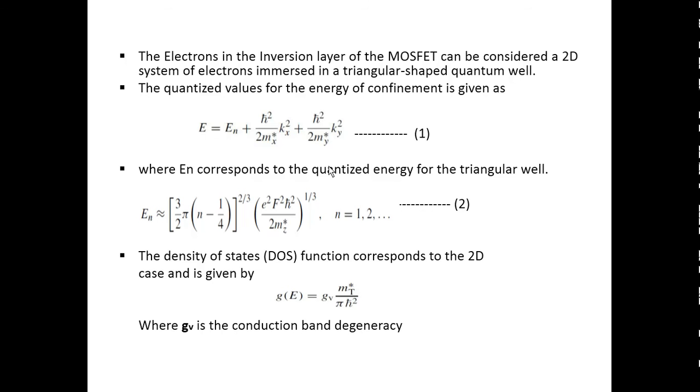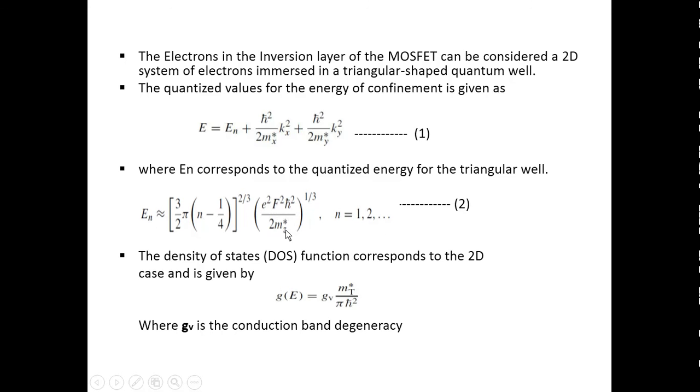Where En corresponds to the quantized energy of the triangular well, and this is again given by En equal to (3π/2 (n minus 1/4)) raised to 2/3 times (e² F² ħ² divided by 2m*z), where n is equal to 1, 2, and so on.